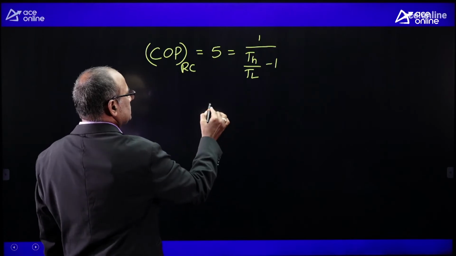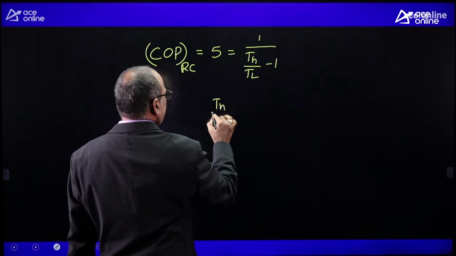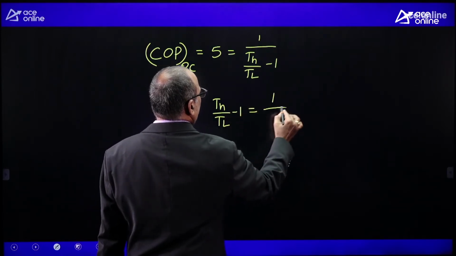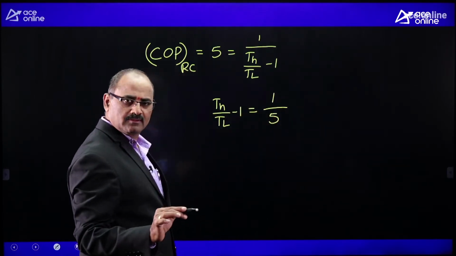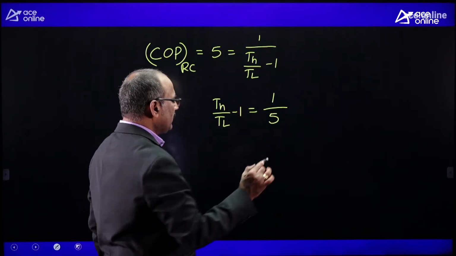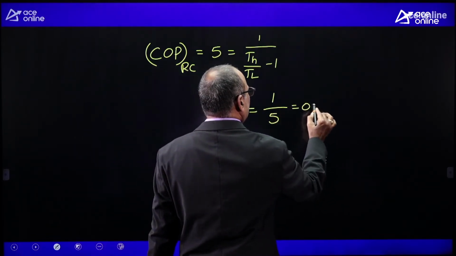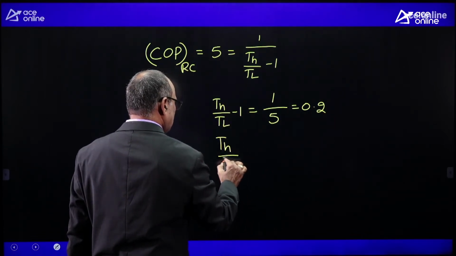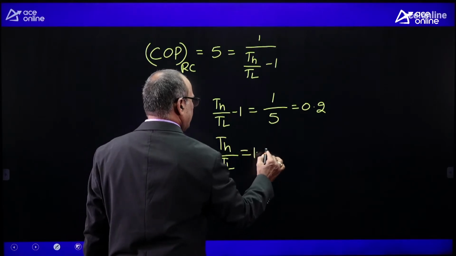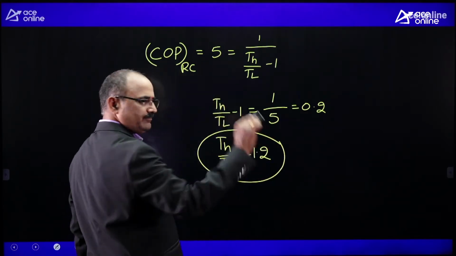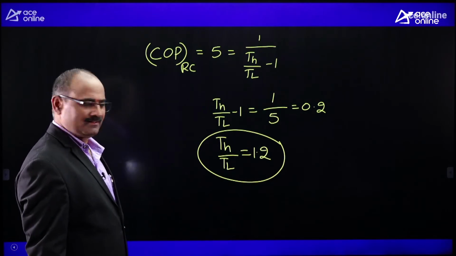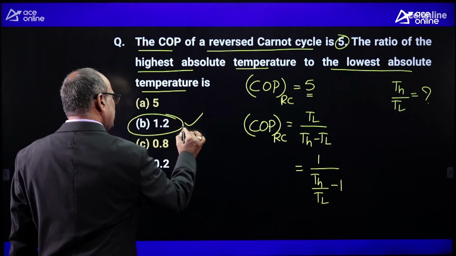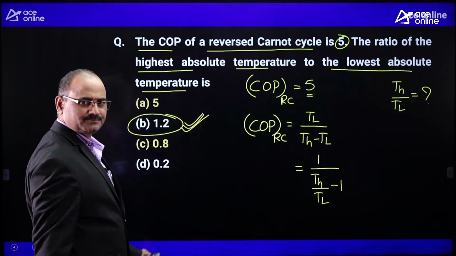From this I can write TH by TL minus 1 is equal to 1 by 5, which is equal to 0.2. Therefore, the highest absolute temperature by lowest absolute temperature equals 1.2. That is the answer. Option B is absolutely correct.